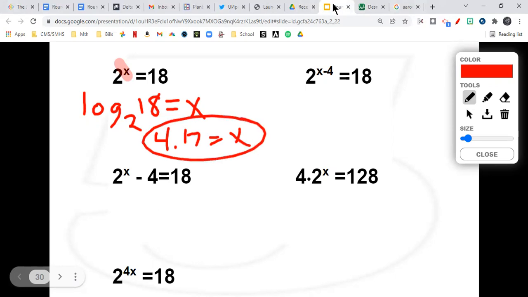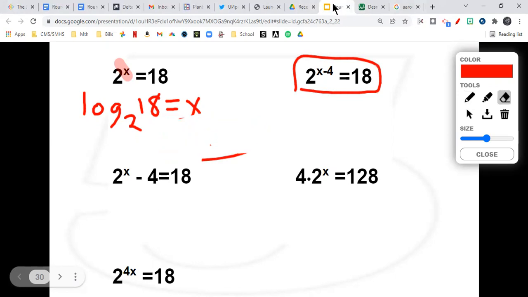Okay, so if instead we had this guy here, we would do the same thing. Instead of log base 2 of 18 equals x, it's log base 2 of 18 equals x minus 4. We take this, which is the exponent, and move it over there.